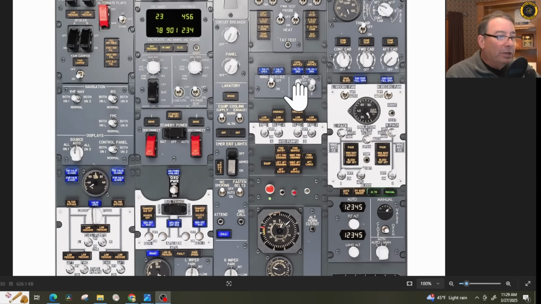But right below these 2 switches are hydraulic pumps A and B. The switches for the electrical pump and the engine-driven hydraulic pump for the B system hydraulics off of the number 2 engine are located right parallel to the engine anti-ice switches.